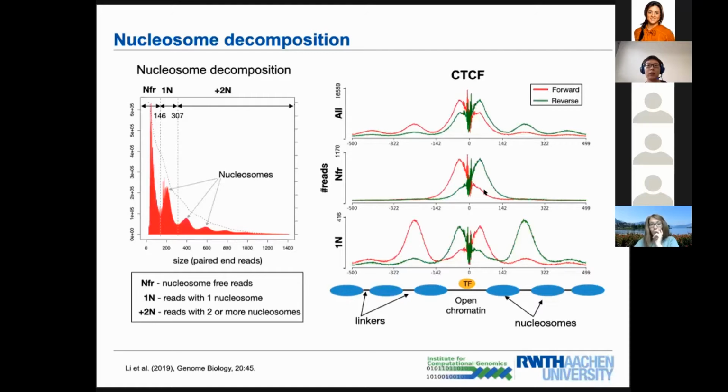To do so, we proposed nucleosome position decomposition, and we first classify the ATAC-seq reads as nucleosome-free reads, reads with one nucleosome, or reads with more than two nucleosomes by using their fragment size. And then we are able to create the signal for each of them, as you can see from the right-hand side here.